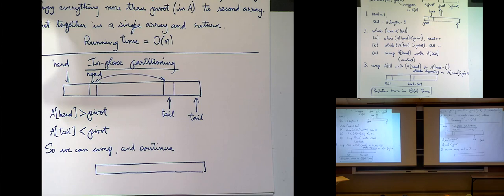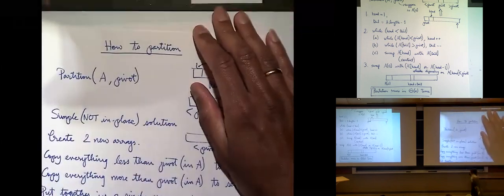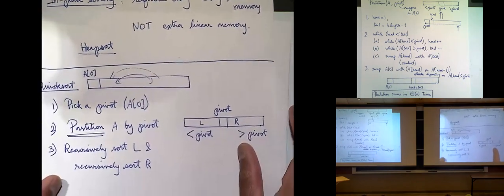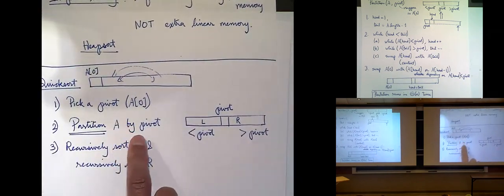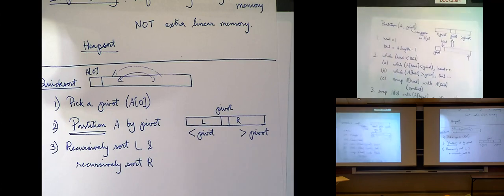Okay, let's continue now. So now that we have the partition procedure and we have the overall view of quicksort, remember the view of quicksort was this. We pick a pivot, we partition, and then we recursively sort L and R. We can convert this into code without too much difficulty now.